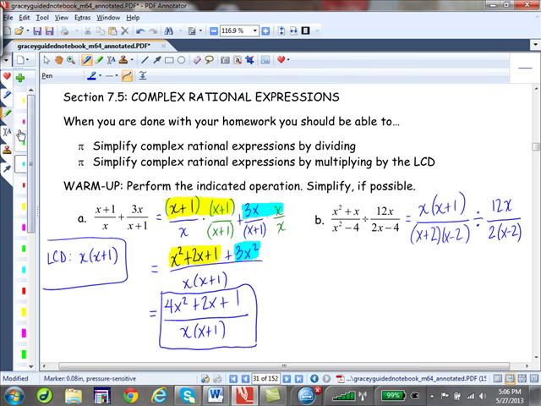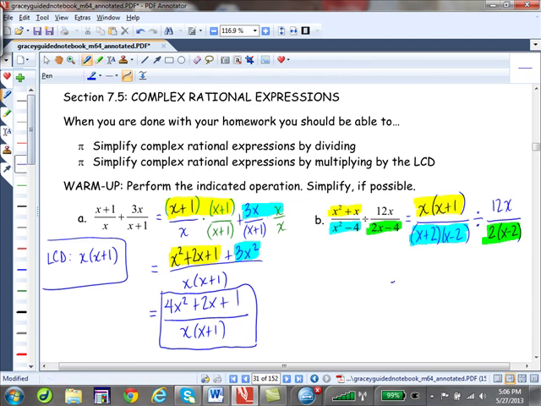So here are the equivalences. X squared plus x is equal to this. And then we have x squared minus 4 is equal to this. The 12x, you can see where that came from. And 2x minus 4 factors as 2 times quantity x minus 2.